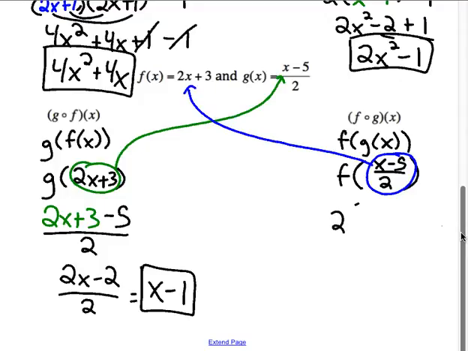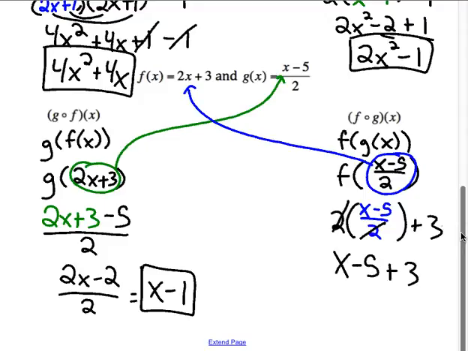So 2 times that x minus 5 over 2 plus 3. Now the neat thing that happens here is 2 divided by 2 actually cancels that off right away. Okay, and now over here I'm going to get that as my solution.